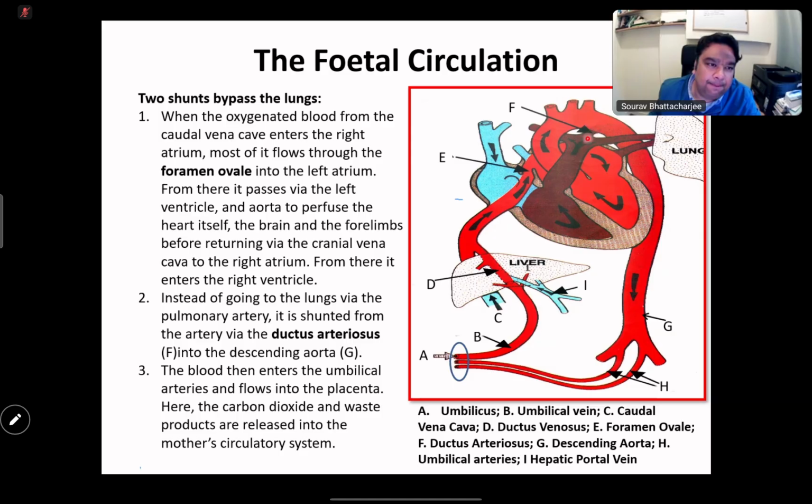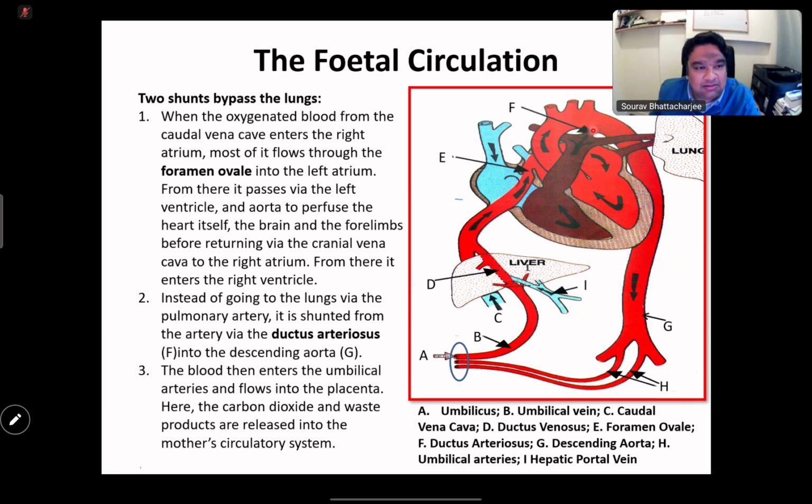That kind of situation is called patent ductus arteriosus, PDA, which is incompatible with life. Because when a baby is born and the heart is now complete with the separation of oxygenated and deoxygenated blood, this connection cannot be there. Because now you are mixing deoxygenated with oxygenated blood, which is not allowed. So this ductus arteriosus needs to shut down.